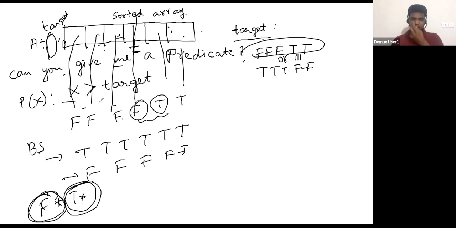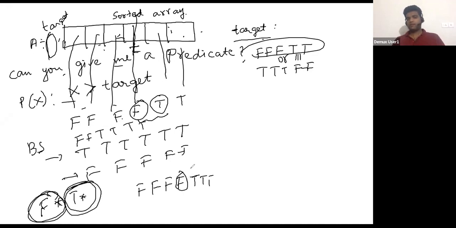If you have a predicate with equal numbers of F's and T's, then roughly you would mostly find it in 1 or 2 steps, because you have to find this, which is roughly at the middle. That's the idea. We will discuss, and I think your question will be answered then.